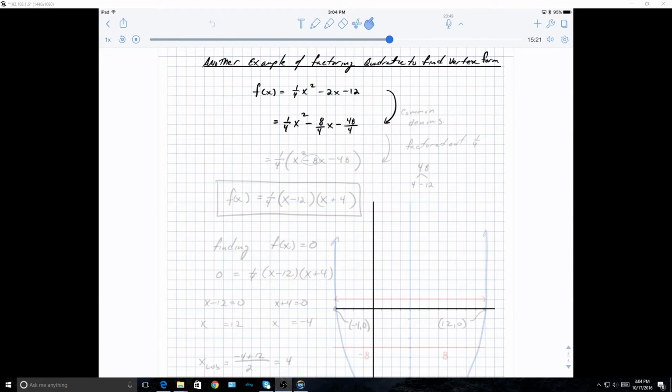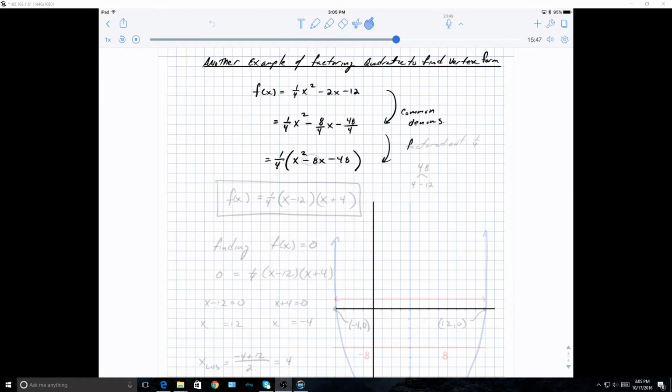So the only thing we're doing here is making common denominators. And that way we're hoping that if we factor out that 1/4, now we might be able to factor this polynomial a little bit easier.